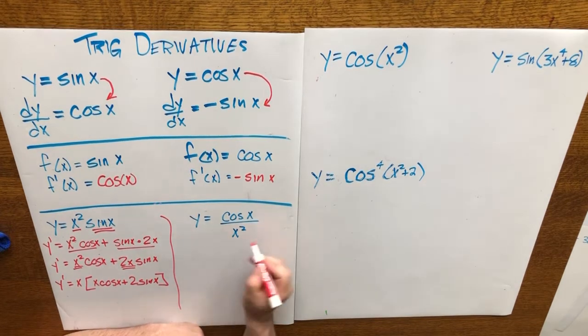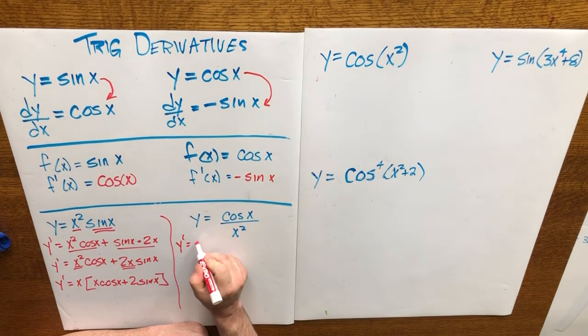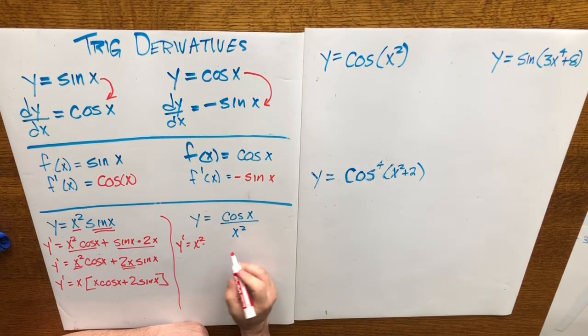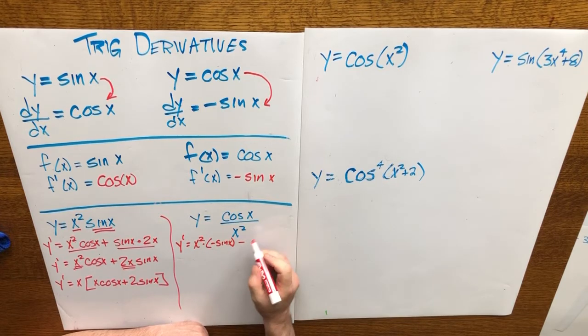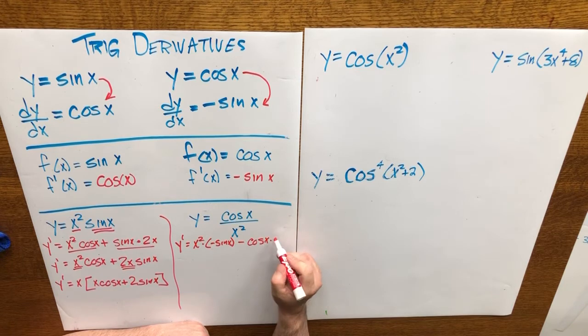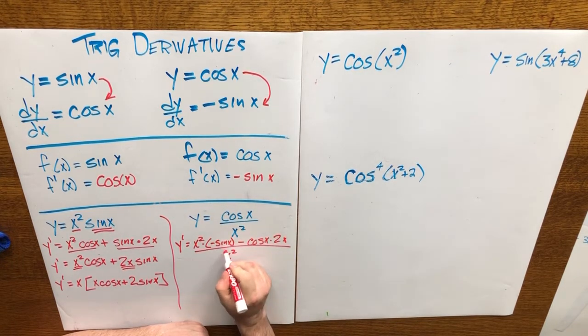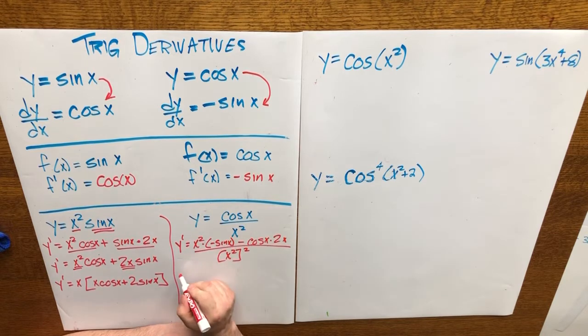This next one is an example of a quotient rule. So y prime is equal to the denominator x squared times the derivative of the numerator, minus sine x, minus the numerator cos x times the derivative of the denominator 2x, all over the denominator squared.